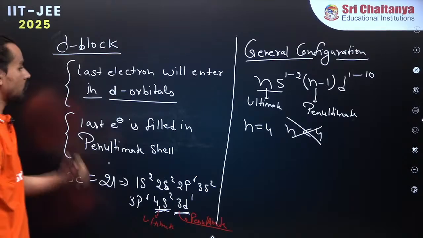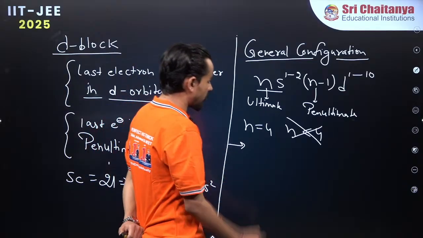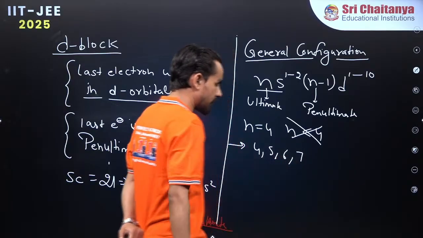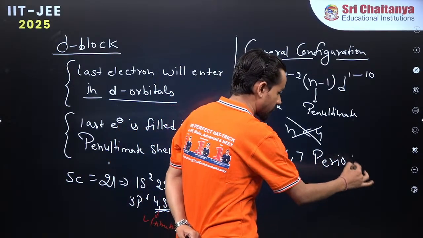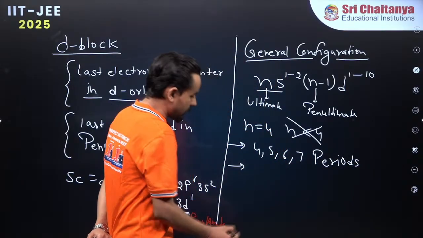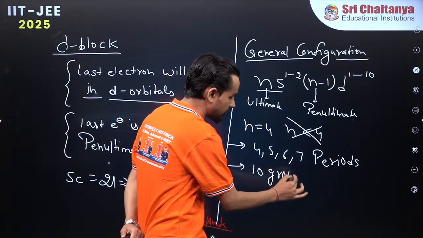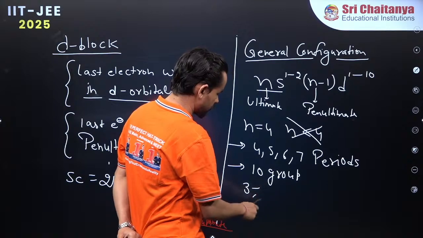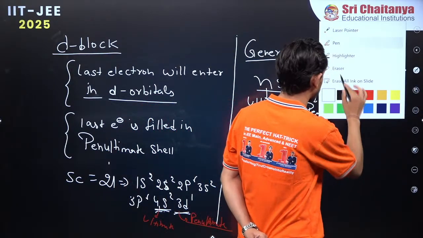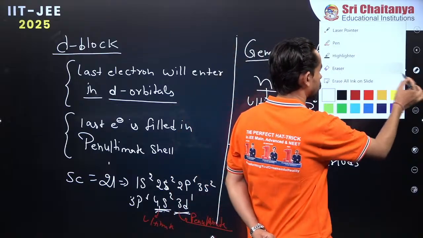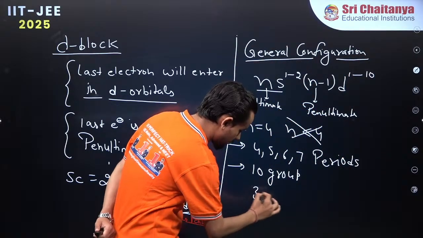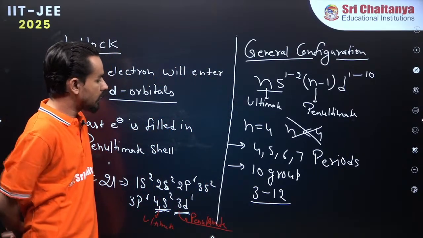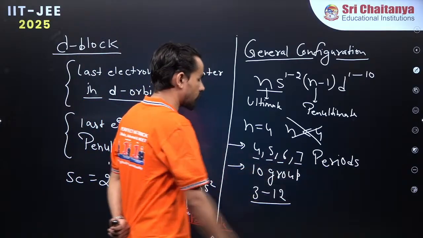One more thing that we have to know is that it contains 4th, 5th, 6th, 7th, 4 periods, and apart from that it contains 10 groups, that is group number 3 to 12. 3 to 12, 10 groups are there, and apart from that 4 periods, 4, 5, 6 and 7, are there.